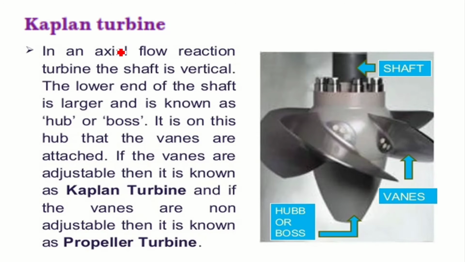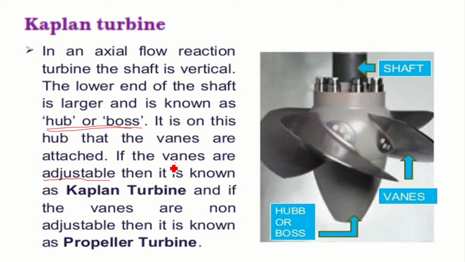In an axial flow reaction turbine, the shaft is vertical. The lower end of the shaft is larger and is known as the hub or boss. We have already discussed this in the previous slides. It is on this hub that the vanes are attached. If the vanes are adjustable, then it is known as a Kaplan turbine. This is the important point.